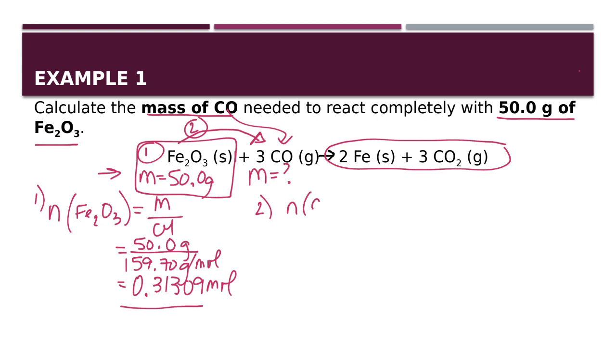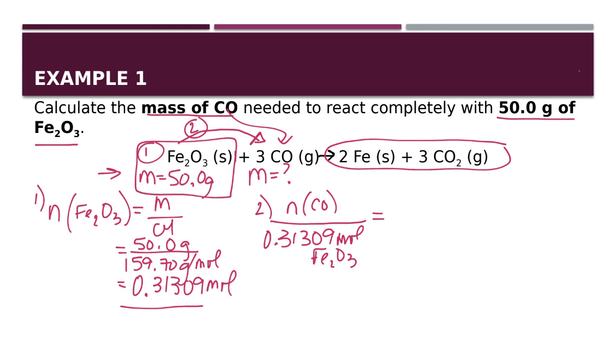We're going to put our unknown in the numerator. We're going to compare that to the known amount that has been given to us. So again, they didn't give us the amount of moles, but they gave us the mass and we could calculate it. So 0.31309 moles, and write down that it is of Fe2O3. Again, you have many different substances here.